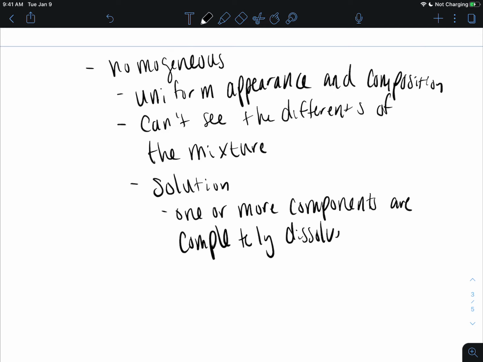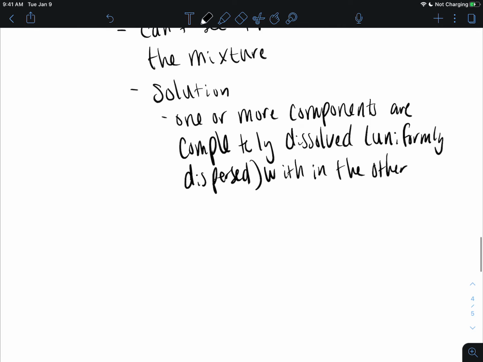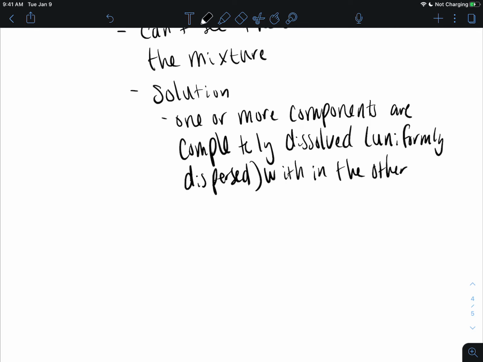So when we talk about something being completely dissolved, it's uniformly dispersed within the other component.